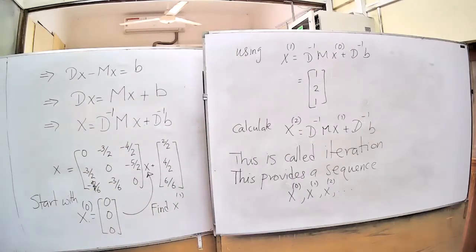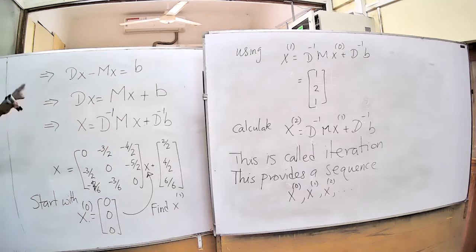A sequence X naught, which you choose, and then X1, X2, X3, X4, and it will keep on computing the values, right? So you can always stop the iteration whenever the solution is reached, right? So we will talk about how to stop the iteration and everything later.